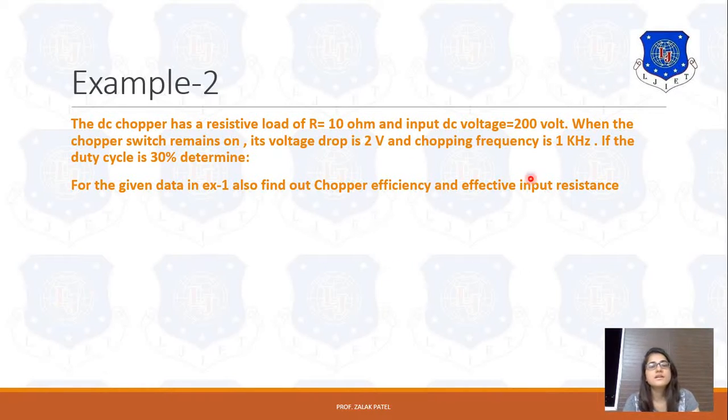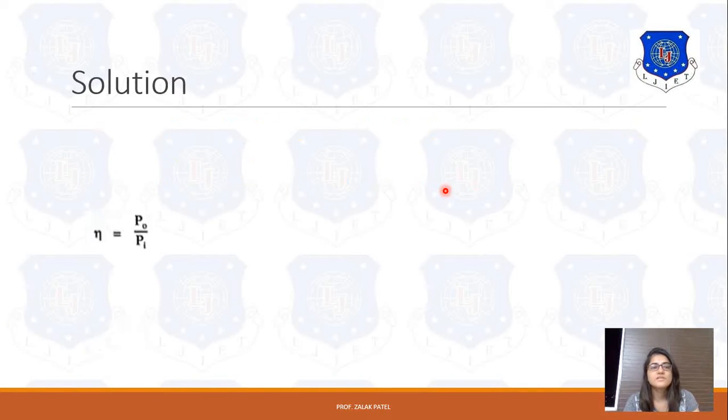So let's consider chopper efficiency first. It is denoted by eta and is given by the output power upon input power. Let's first find the output power.